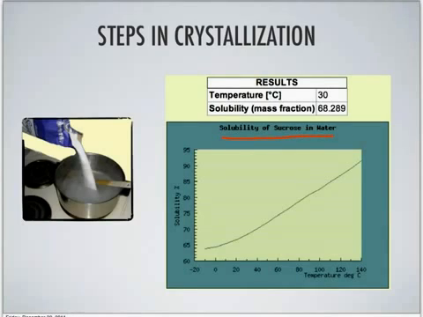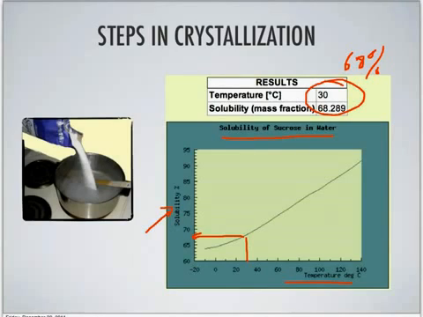We plot the percent solubility of sucrose as a function of temperature. For example, at 30 degrees Celsius around here, we can read the value of solubility for sucrose, which is around 68, just to make it round, 68%.